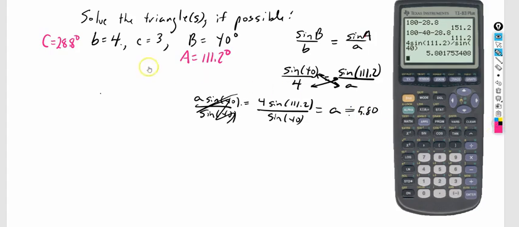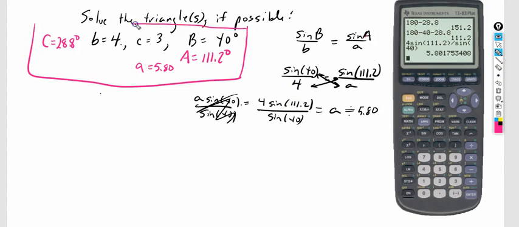And so up here, I can complete this. And so now I have solved this triangle. My initial information was in black, and we got one triangle out of that. And that ends this video.